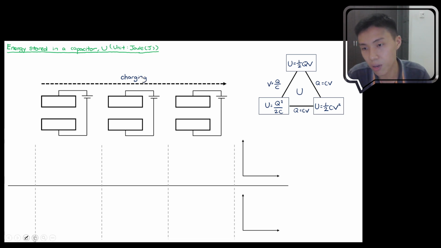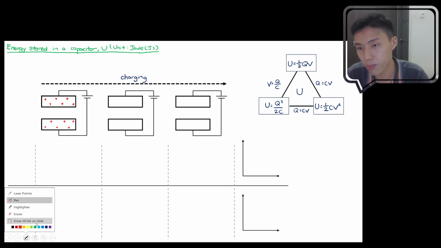An uncharged capacitor means it is initially neutral on both plates. So I'll draw it to be neutral on both plates. Of course, it is neutralized because there's the same amount of negative charge in each plate as well.